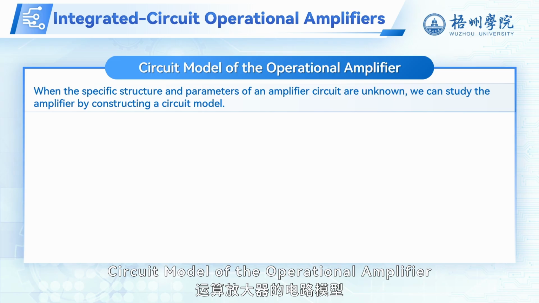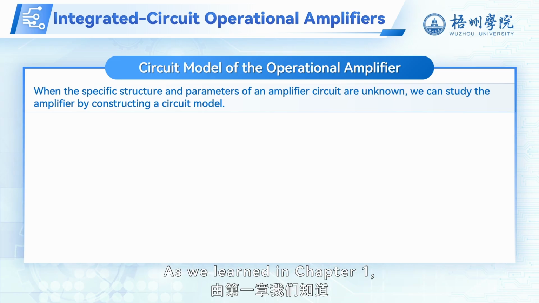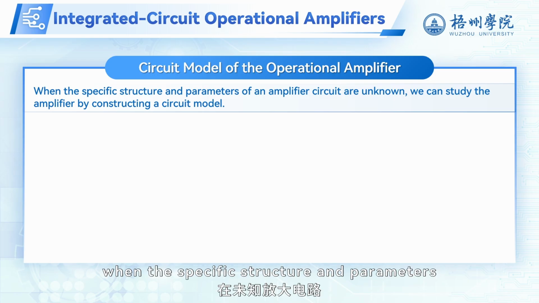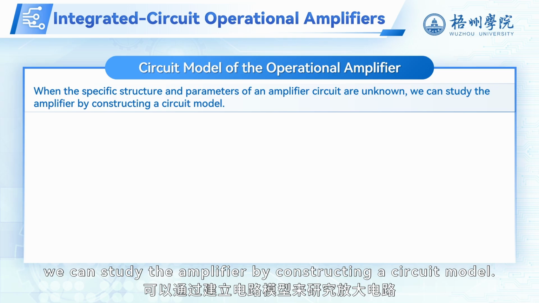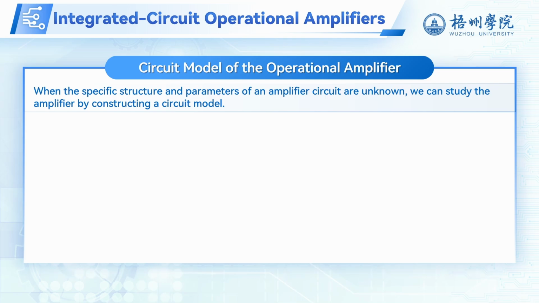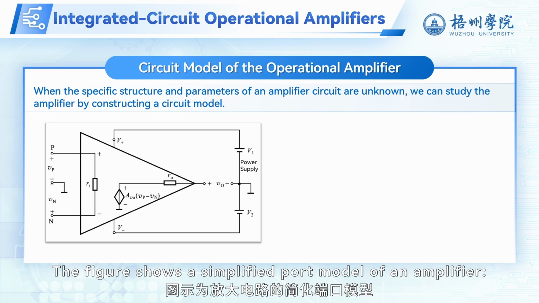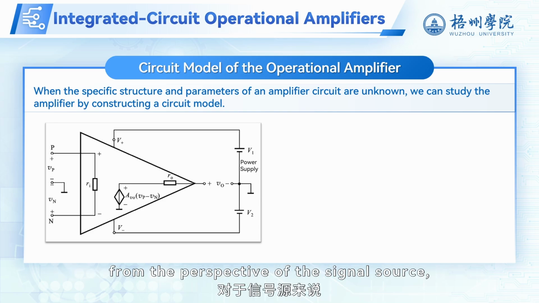Circuit model of the operational amplifier. As we learned in Chapter 1, when the specific structure and parameters of an amplifier circuit are unknown, we can study the amplifier by constructing a circuit model. The figure shows a simplified port model of an amplifier from the perspective of the signal source.